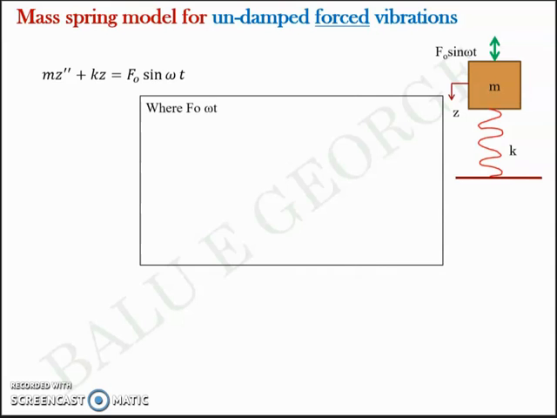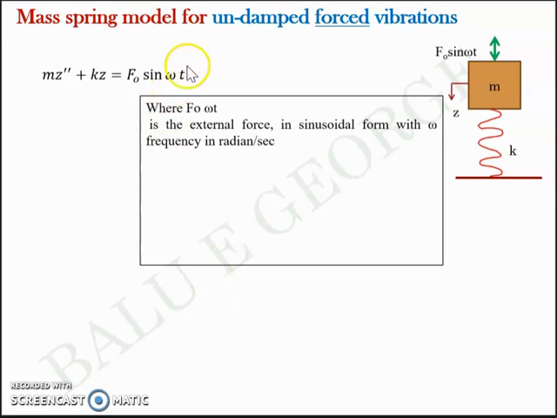f0 sine omega t is an external force which is sinusoidal, with omega frequency in radians per second. You can take a look here. It's not omega n, it is omega, which means it's not the natural frequency. Instead, it's the frequency of the force that you apply. So that's again in radians per second.